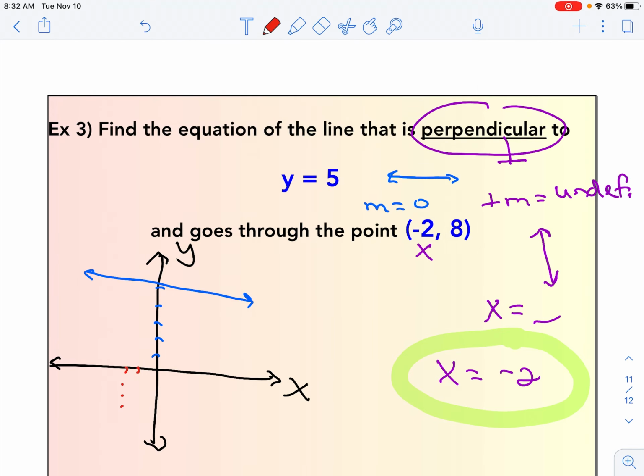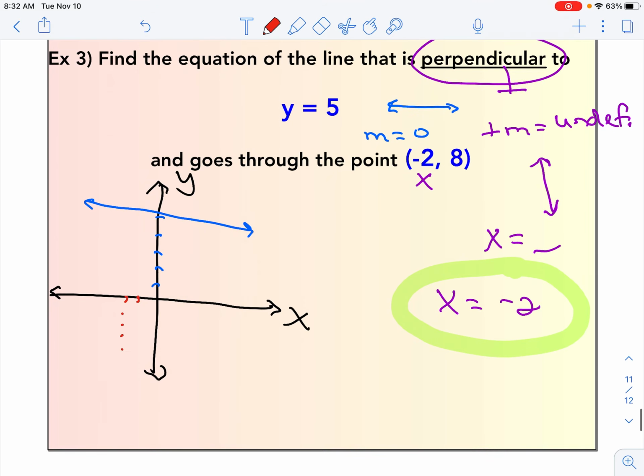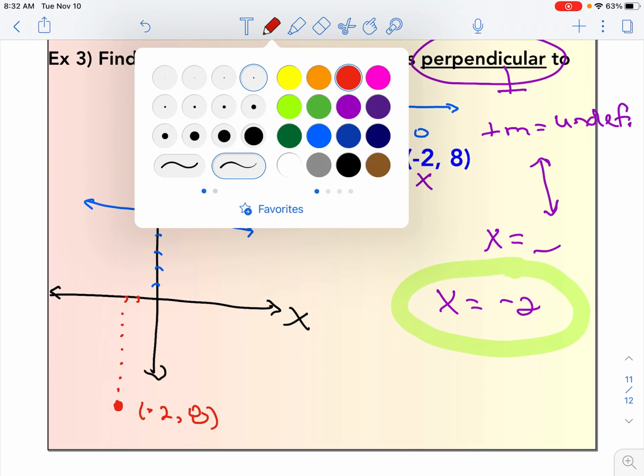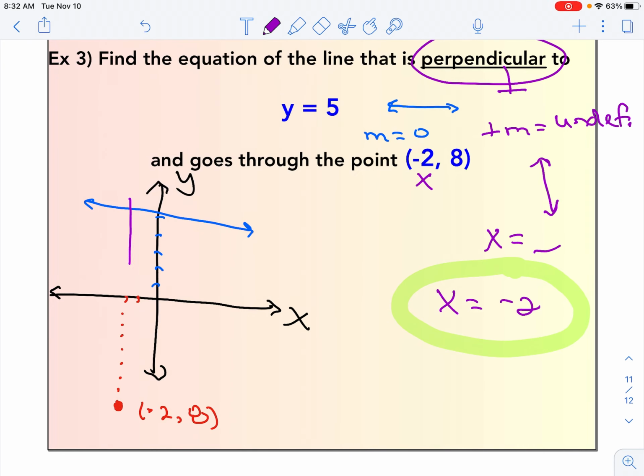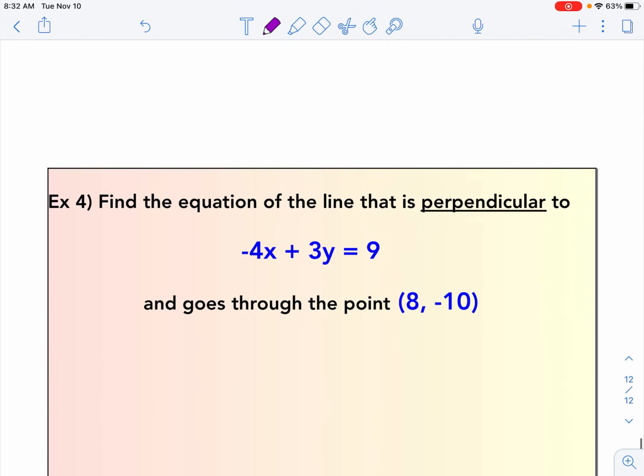So -2, 1, 2, 3, 4, 5, 6, 7, 8. And you want it to be perpendicular, so you know it's going to look like this. And it's going through the x-axis at -2, and so that's why it's x equals -2.